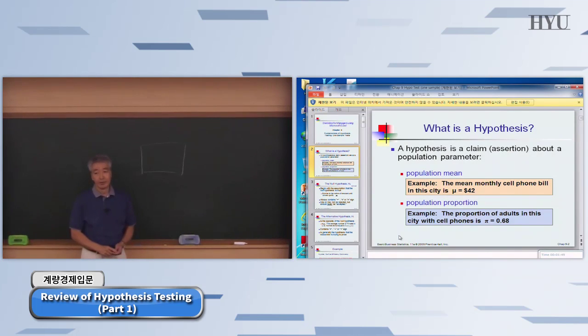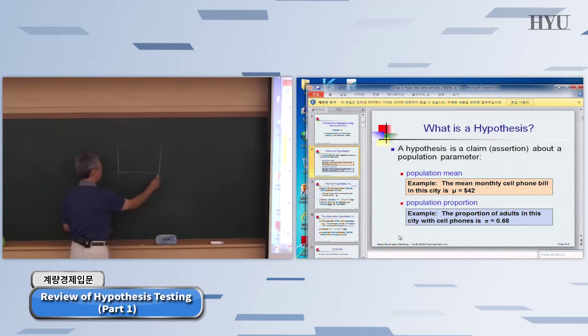So if you want to understand something about Hanyang University students, for example the average height of male students, then the population will include each and every male student in the entire university. Maybe 20,000, 30,000, I don't know the total number. So that rectangle includes the population.